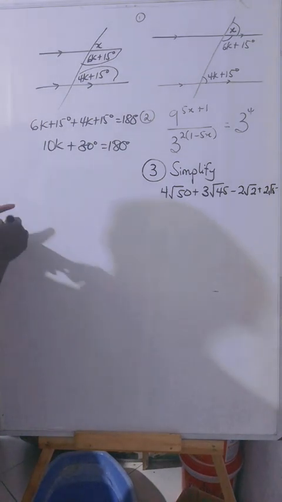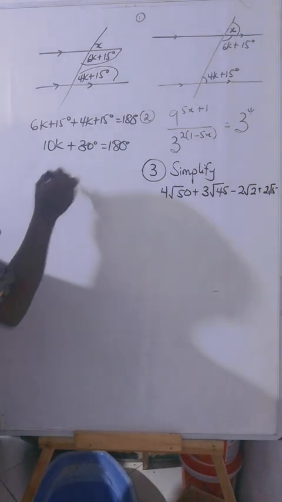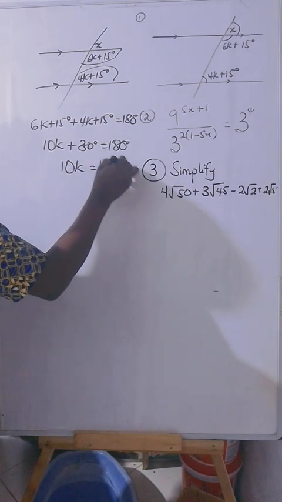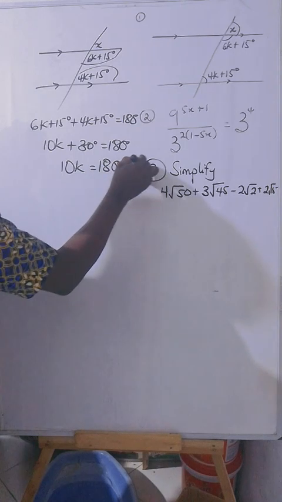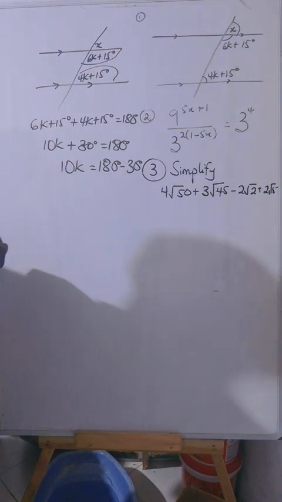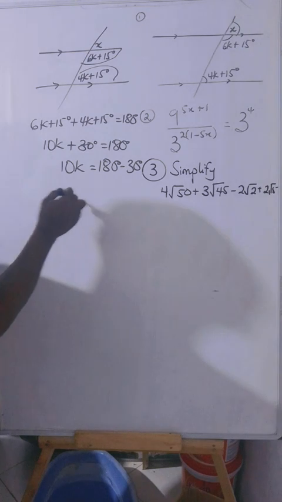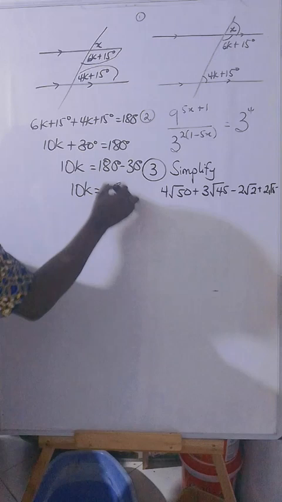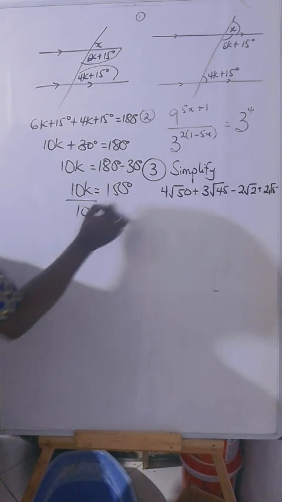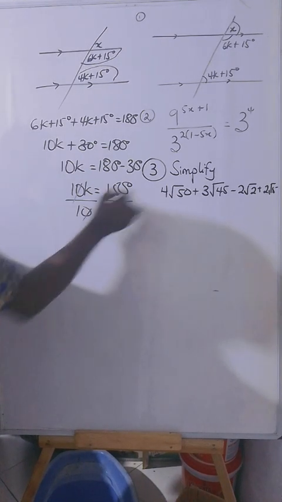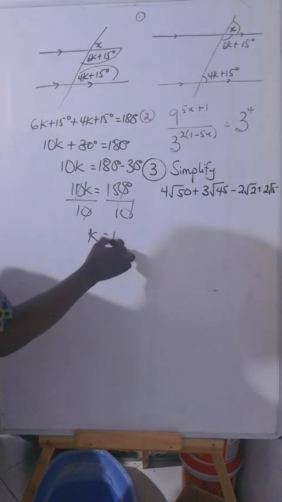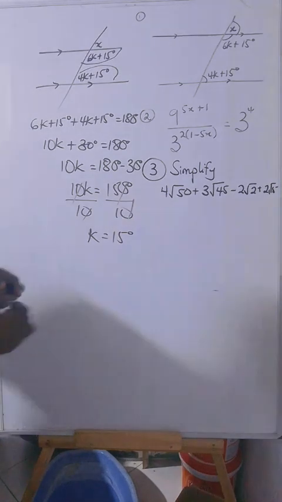Then we have 10k equals 180 degrees minus 30 degrees. So we have 10k equals 150. Divide through by 10, 0 cancels 0. K is 15 degrees.